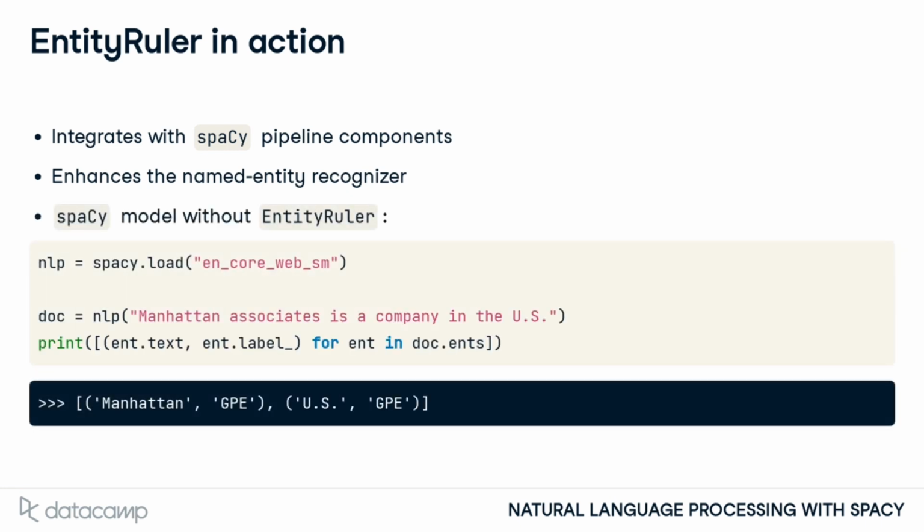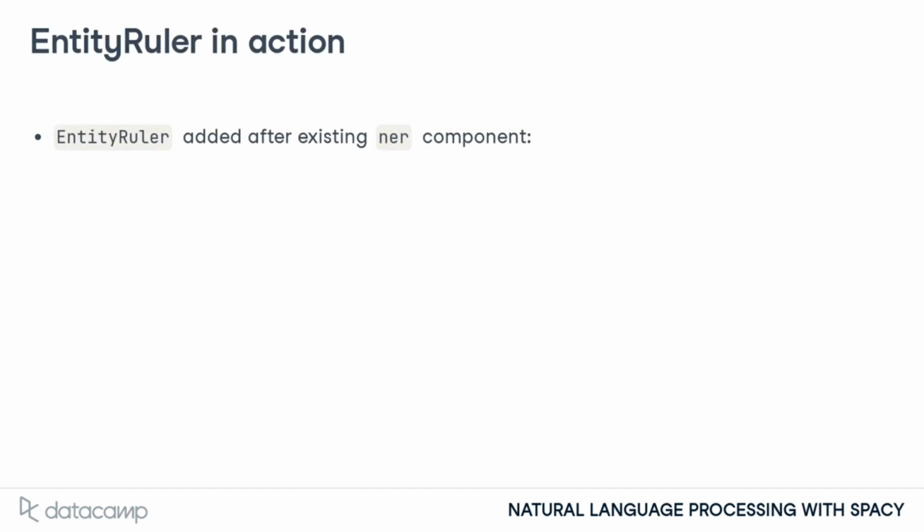Let us look at an example: Manhattan Associates is a company in the US. In this case, the model is unable to accurately classify Manhattan Associates as an ORG. We can add an entity ruler component to the current NLP pipeline.